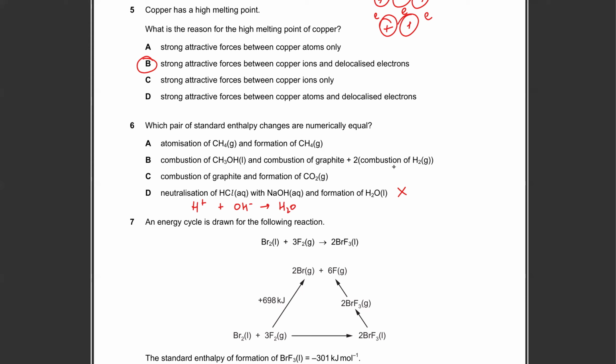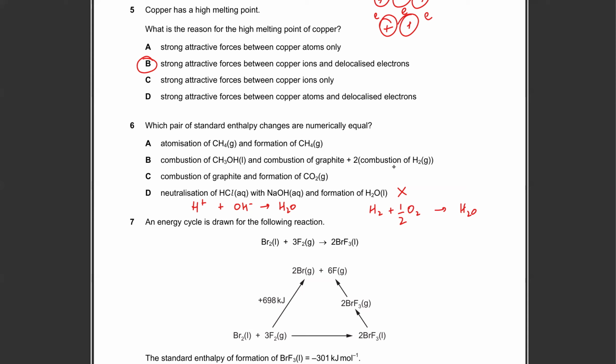While formation of water is when elements H2 and O2 react and form 1 mole of water. I mean, formation is when 1 mole of something is produced from its elements, right? So it's not the same reaction. So D represents two different enthalpy changes. Is that clear?